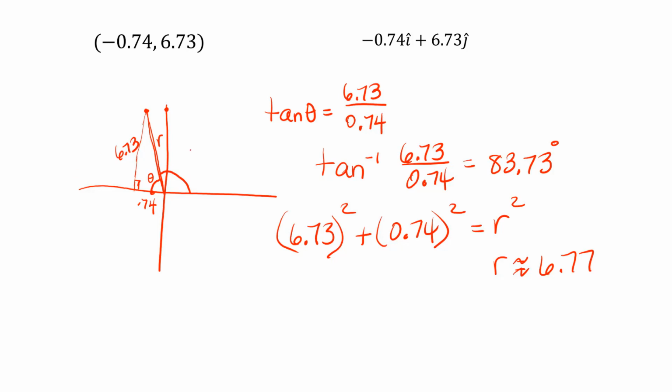We want this angle. So we found this angle, 83.73. So we need to do 180 minus 83.73 to get our angle that goes from 0 to the radius. So 180 minus 83.73 is about 96.27.